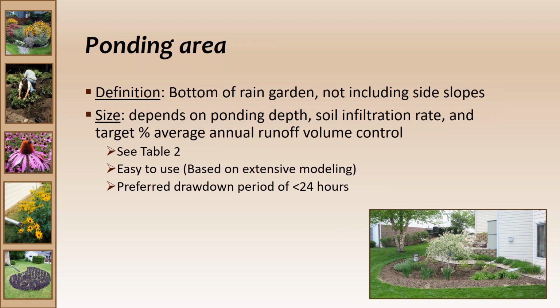And we created a table in the standard that's very easy to use, but I can tell you that it is based on extensive modeling, and I'm going to have Roger explain some of that in a second. And it's also based on a preferred drawdown period of less than 24 hours, which is kind of in the background. So it's not something you have to calculate, but it's built into the model itself.